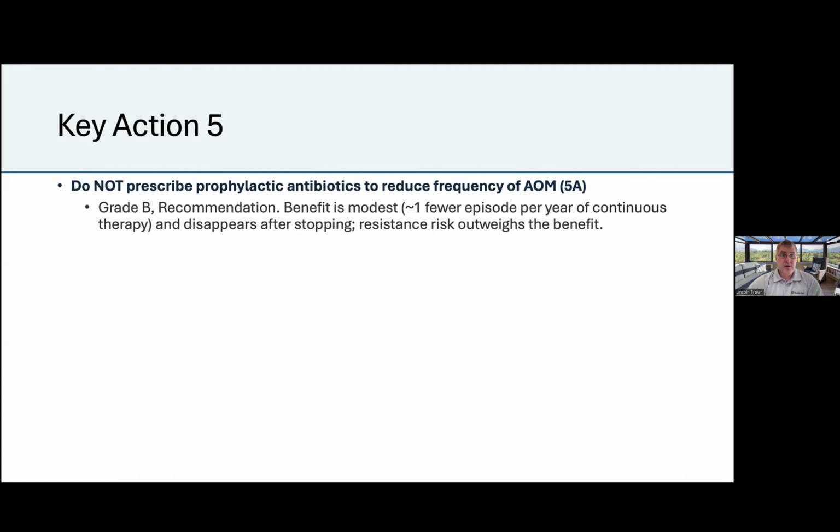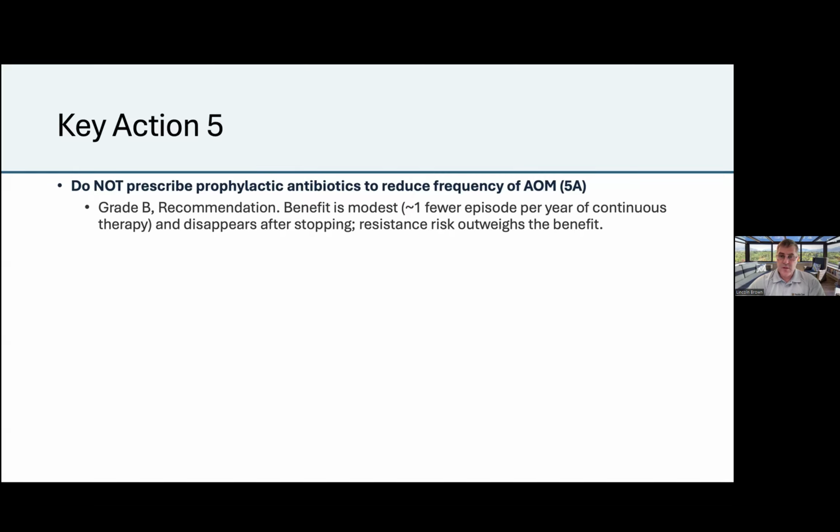Action 5, don't prescribe prophylactic antibiotics. This was another pretty contentious point that they brought up. The benefit is modest. It reduces the case by about 1 a year, and it has to be continuous therapy. As soon as you stop, the benefit goes away.